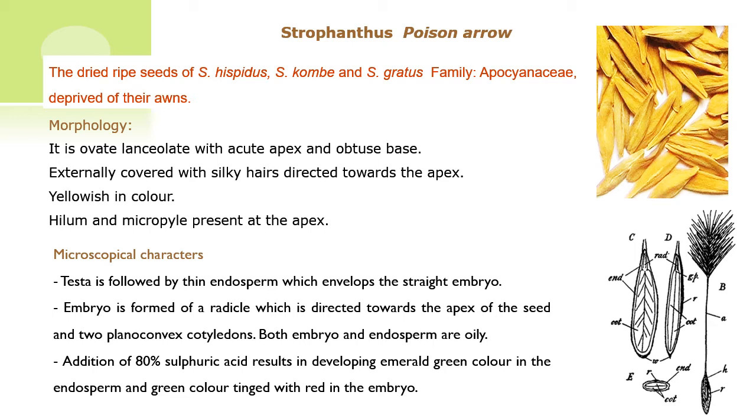Addition of 80% sulfuric acid to the seed or a section of the seed results in the development of emerald green color in the endosperm and green color with red tinge in the embryo. This is in Strophanthus hispidus.